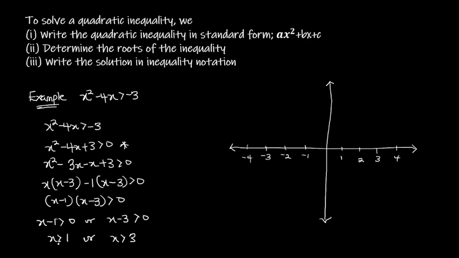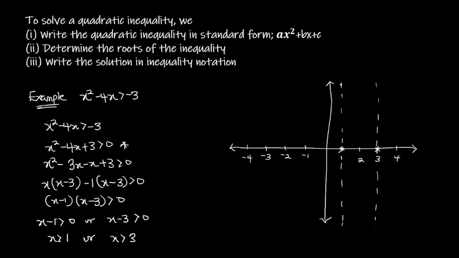Now, if I look through these answers, I have 1 and 3, so 1 and then 3 over here. For an inequality, instead of having the parabola curve, we have a straight line going through. So we are having our line passing through 1 over here, and then another line passing through 3. Okay, so this is how the graph is going to be like.